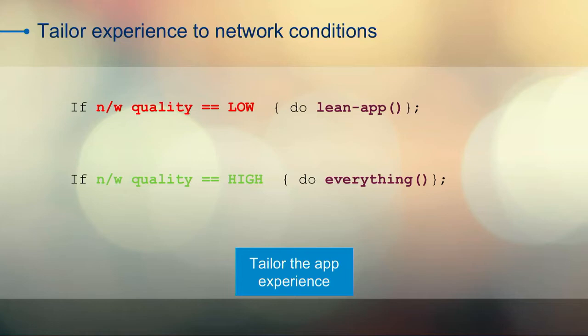Just reduce the fidelity of the images, figure out if you can just download a catalog ahead of time and just use that. Even in the cases where the network quality is high, if I'm connected to a really good Wi-Fi, I'd want to give them the best image that I can really show them on their device. I don't want to curtail any of that experience. Your marketing teams would be very happy with that.